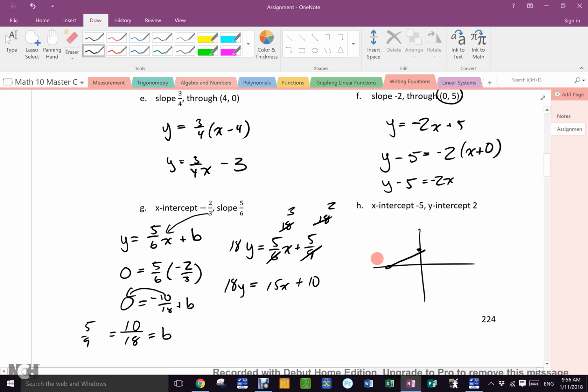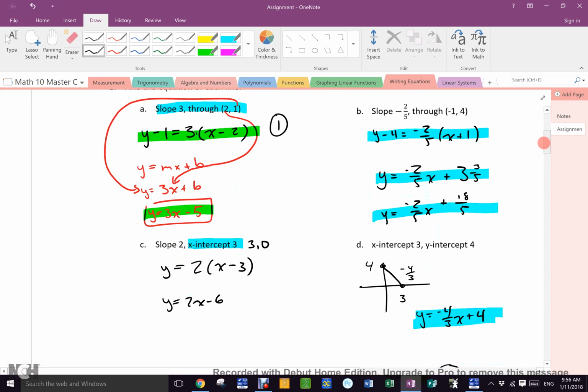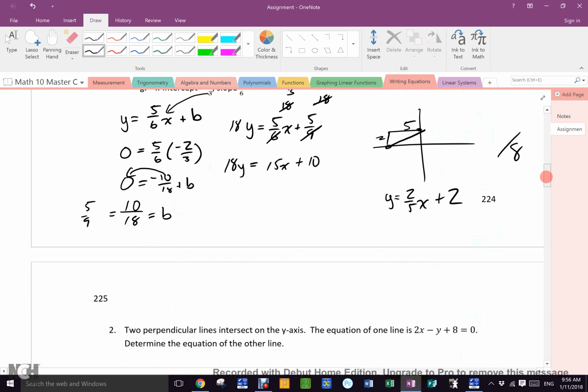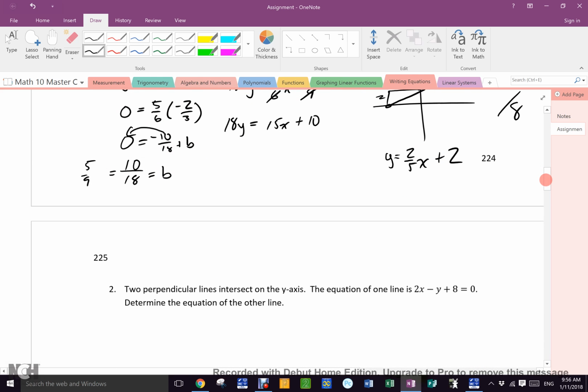So your slope is 2 over 5. So y equals 2/5 x, y-intercept of 2, plus 2. Everybody cool? So that page is out of what, 8? 2, 4, 6, 8. Yeah, everybody good? Okay.